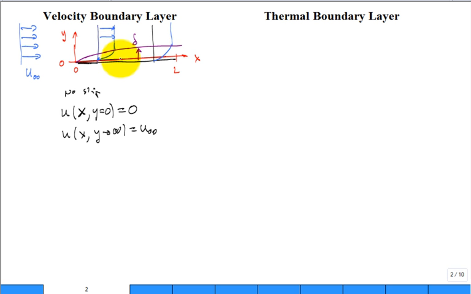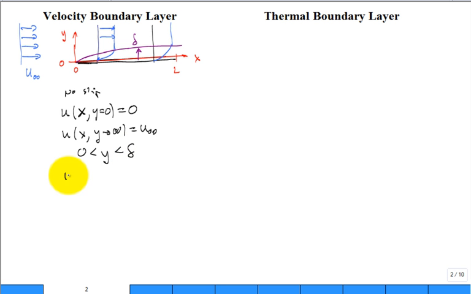In the region y between 0, the surface of the plate, and delta, the thickness of the effect of the plate, the velocity is affected. The velocity is not u infinity anymore. It's less than u infinity. So this gives us the criterion of how thick that layer of affected fluid, called the boundary layer, is.